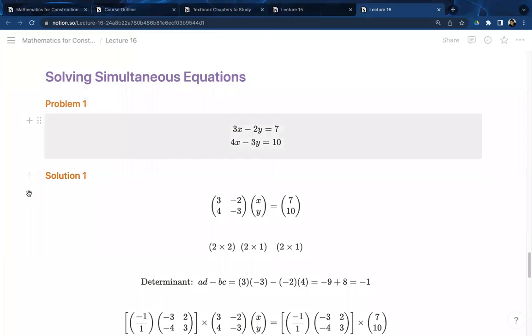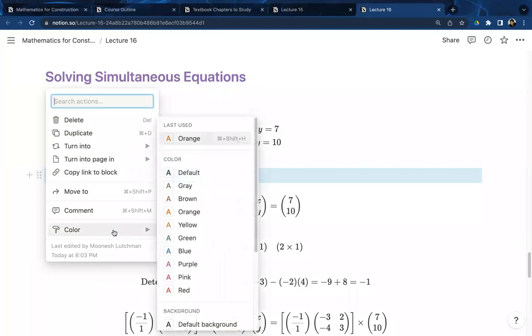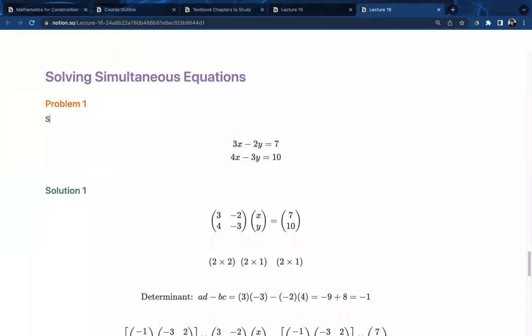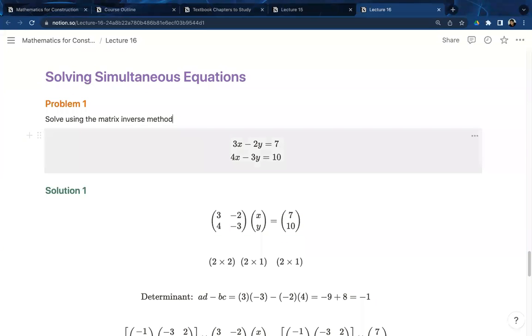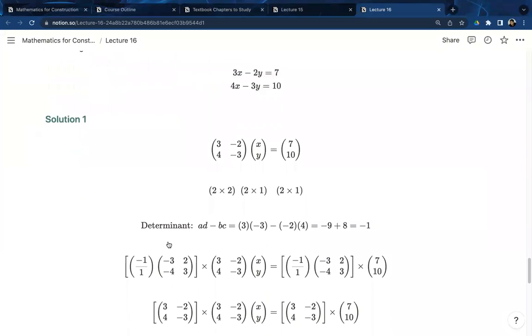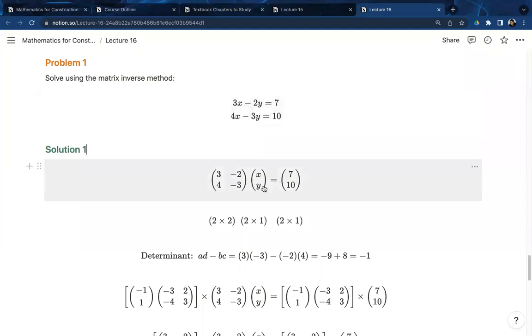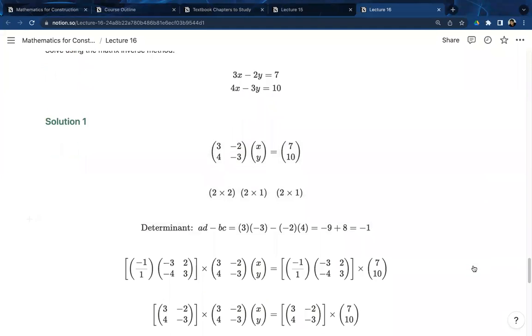So solve using a matrix inverse method, meaning use matrices and find the inverse. First, you write the equation in matrix form. You don't need this stuff here, right?